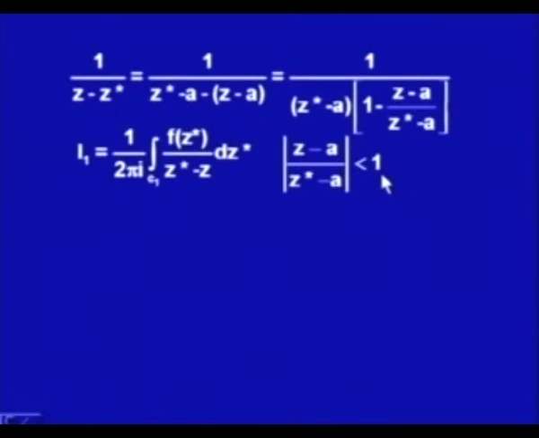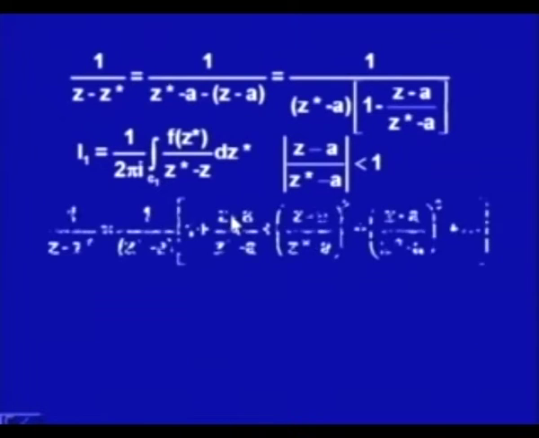So, if this is the case, then the integrand 1 upon z minus z star can be expanded by the geometric series as 1 over z star minus a into 1 plus z minus a over z star minus a plus z minus a divided by z star minus a whole squared, and so on.